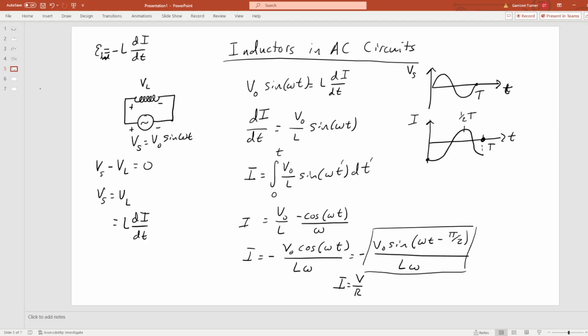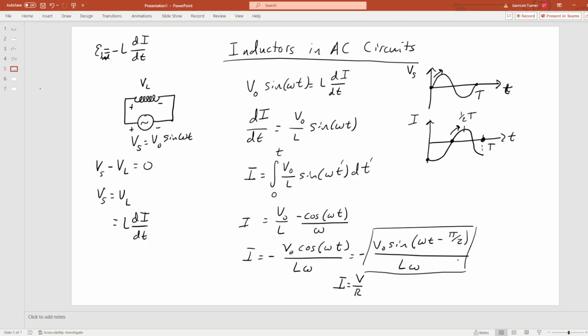So what happens here is that your current is going to lag behind the voltage of your source. Your current is going to lag behind your voltage by 90 degrees. So your voltage starts at 0, and then 90 degrees later, your current is at 0 and then in the same direction as your voltage was at time equals 0.